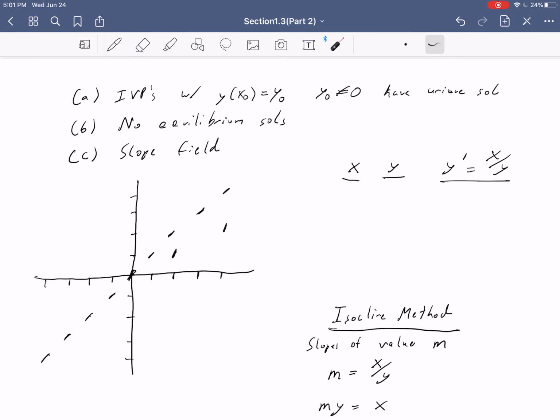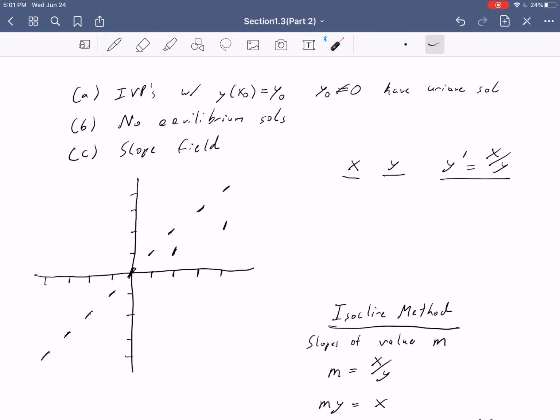But that makes sense because we know that bad things happen near y equals 0. There's no guarantee about unique solutions there. -2, -1. So we've got something that looks like that. And then 4, 2. Or -4, -2, excuse me. So there we go. All those have slope 2, and all those fit along that line of y equals 1/2 x.